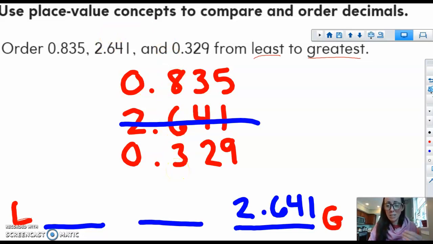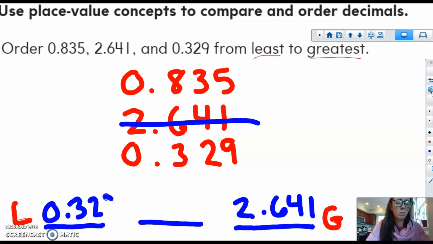Since 3 tenths is less than 8 tenths, that tells me this number overall, 329 thousandths, is less than 835 thousandths. I don't have to do any more work. If I think about it in terms of money, if I only had 30 cents and up here I had 80 cents, 80 cents would be greater and closer to a whole dollar. So my 0 and 329 thousandths is going to be my least.